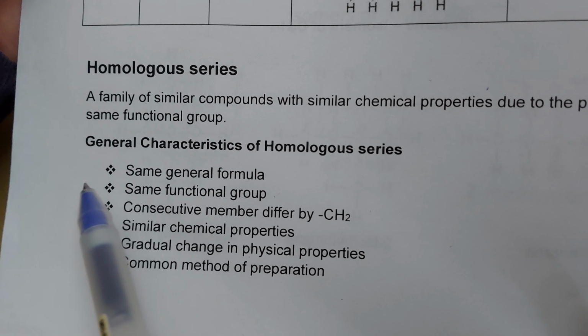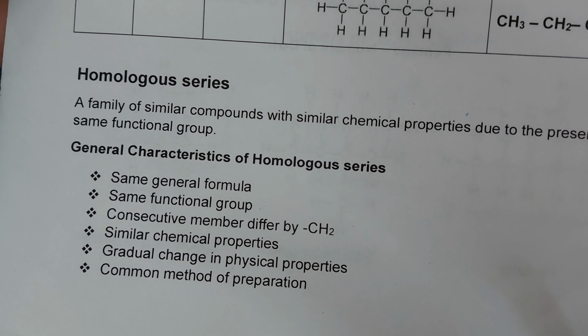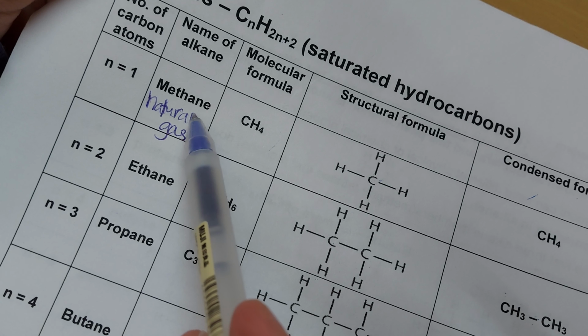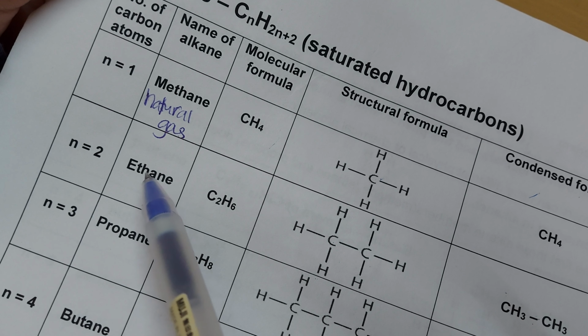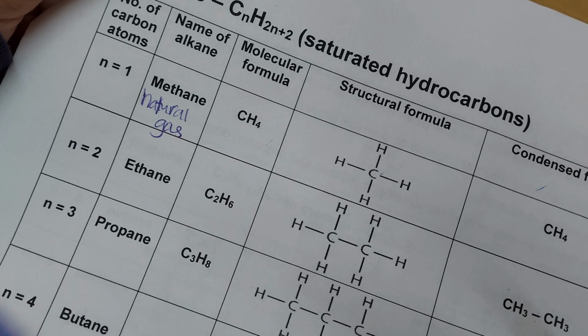The next thing is consecutive members differ by CH2. Consecutive means after each other, so if we look here at methane, its consecutive member is ethane, and then the next consecutive member of alkanes is propane, and so on.